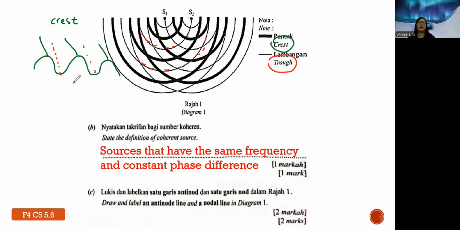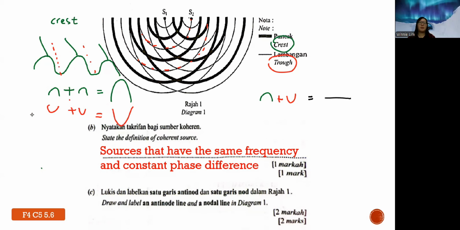When a crest overlaps with a crest, you produce maximum amplitude. Or when a trough overlaps with a trough, you will also produce maximum amplitude. But if a crest meets a trough, the result is zero amplitude.